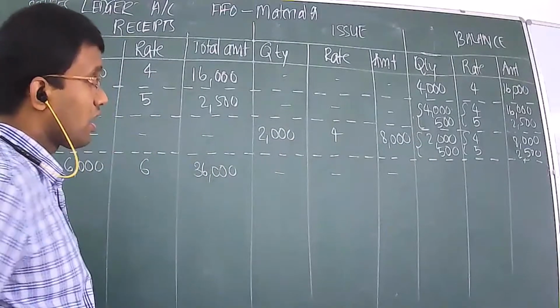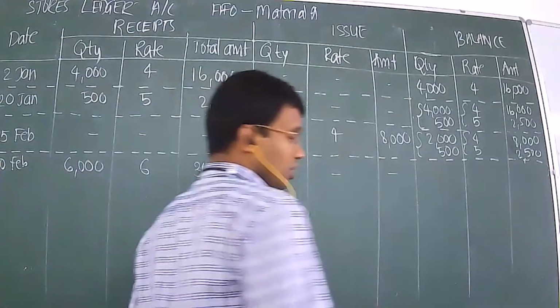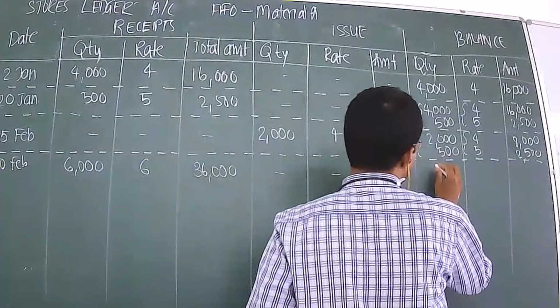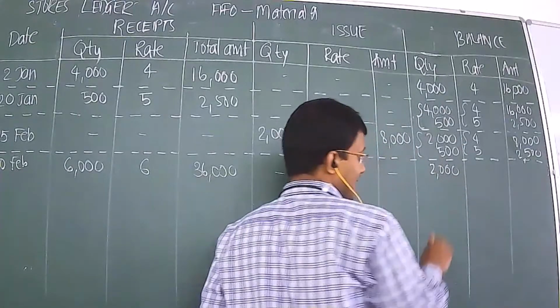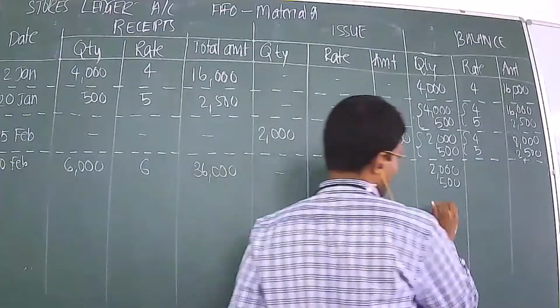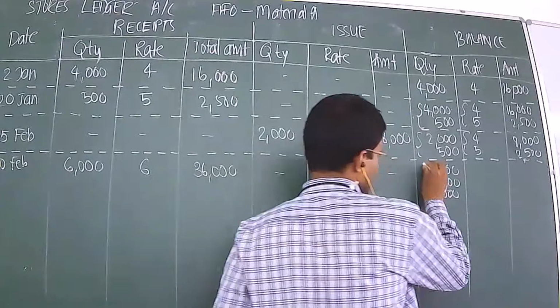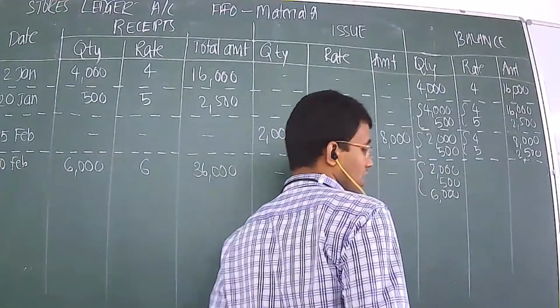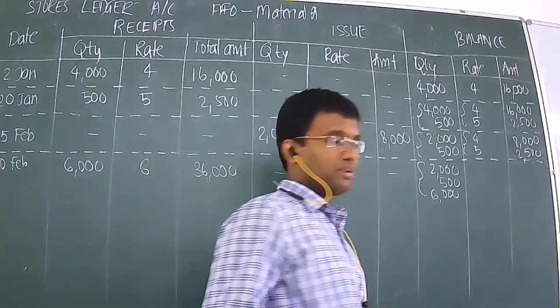Now let us work out the balance. When you're recording the balance, your first batch, you have 2,000 units. Second batch, you have 500 units. Now you got the third batch, which is 6,000 units. So you have 3 batches now, bought at 3 different prices.